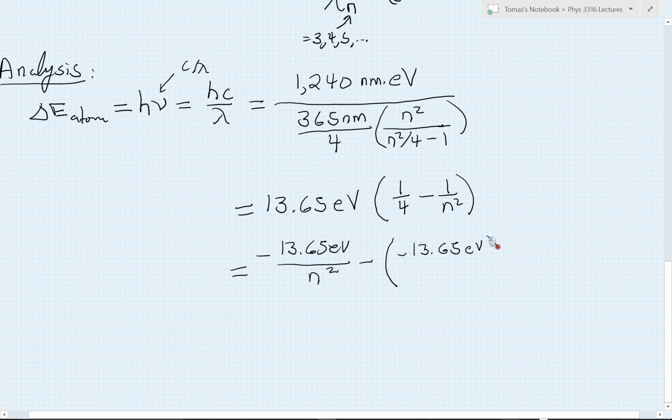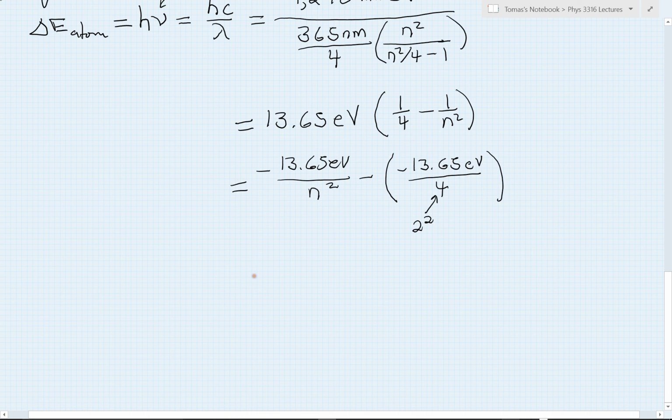And what's even more intriguing is that this 4 that goes on the bottom is actually 2 squared. So it looks as though this fits the same pattern of energies as this term here as well. So this gives very strong evidence that there are these certain allowed energies in my hydrogen atom that take the value minus 13.65 electron volts divided by n squared.